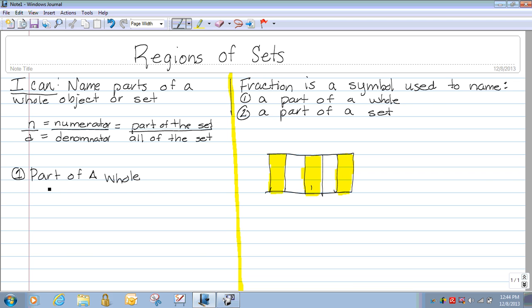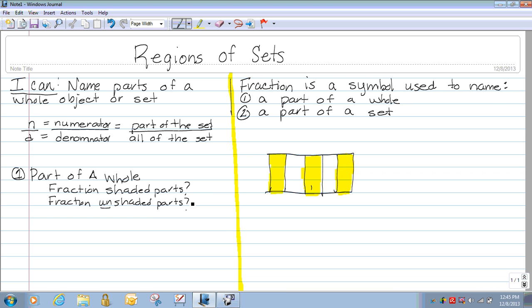I want to know what is the fraction of shaded parts? And I could also ask the fraction of unshaded parts.